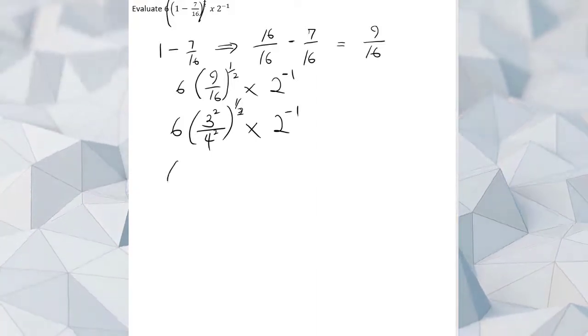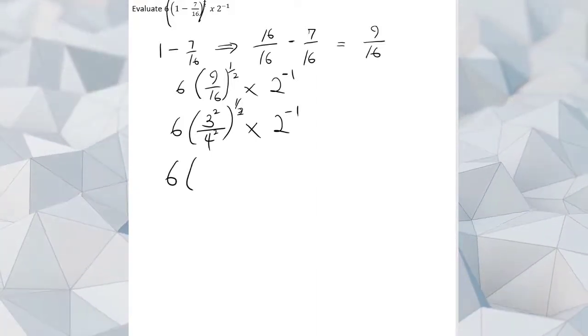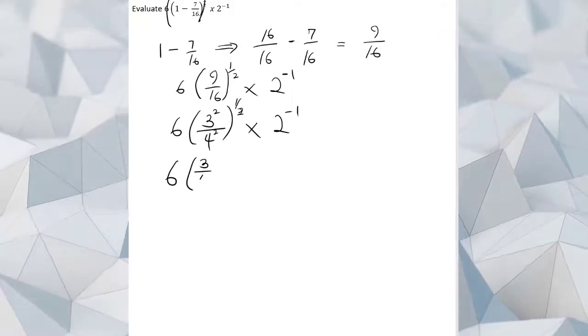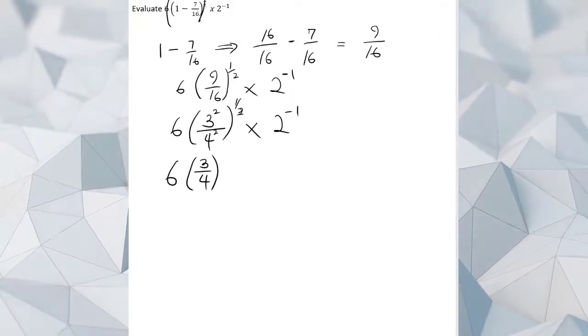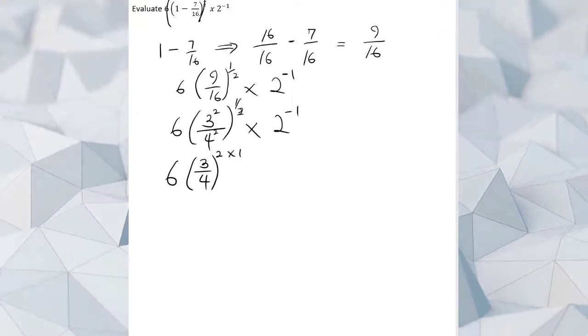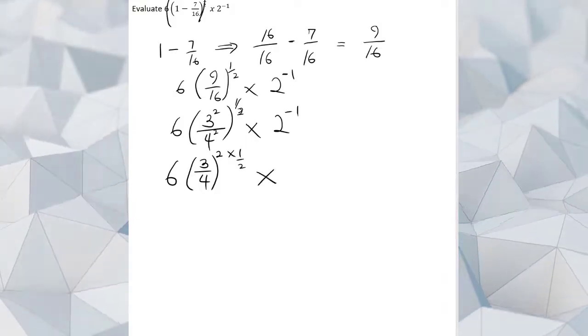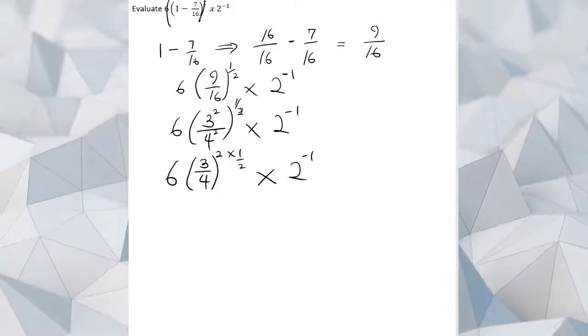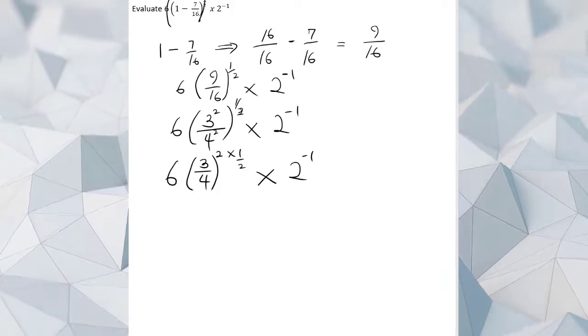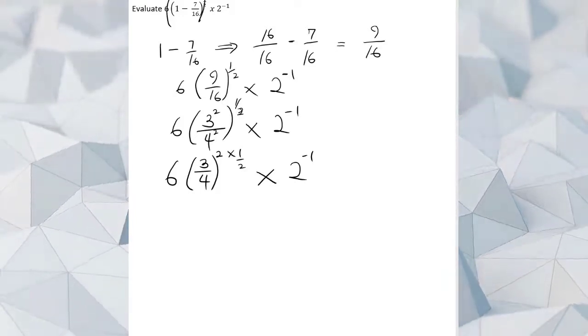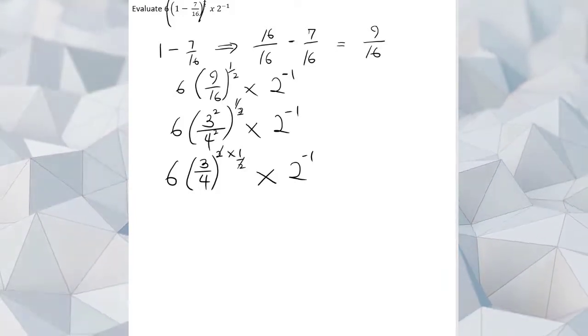Now this is the same thing as 6 into bracket 3 over 4 all raised to power 2 times 1 over 2, all times 2 raised to power minus 1. So we cancel this.